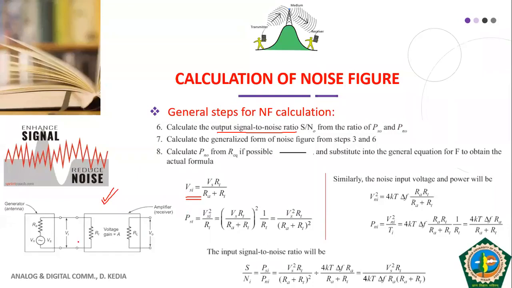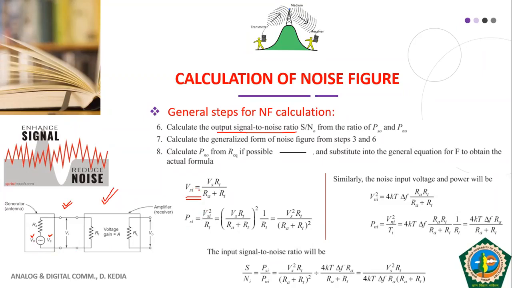If you look at this input side carefully, we have V_n as the noise voltage and V_s as the signal voltage. You understand here, we have two signals at the input: one is the noise voltage, the noise signal, and the other is the actual information signal. Your information signal or desired signal voltage is represented by V_s, and V_n is the noise voltage.